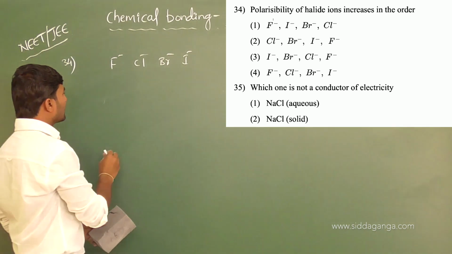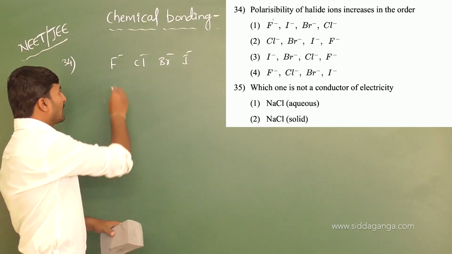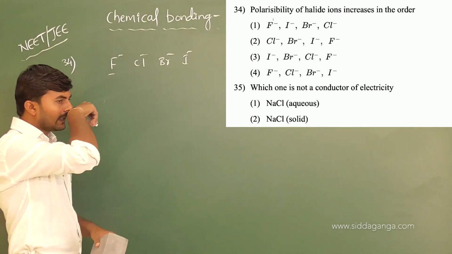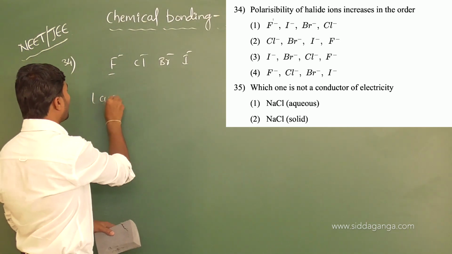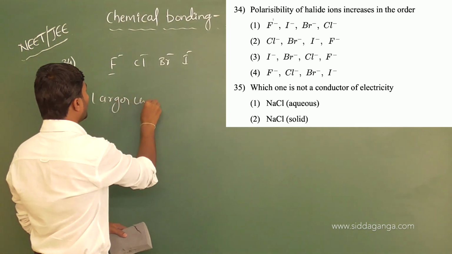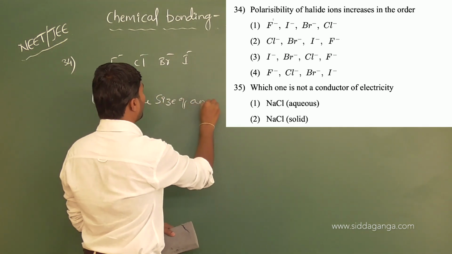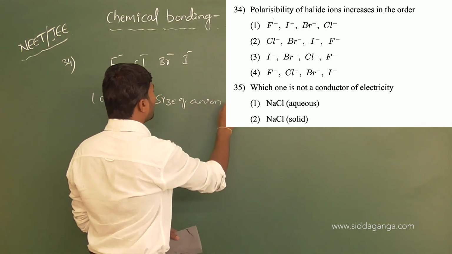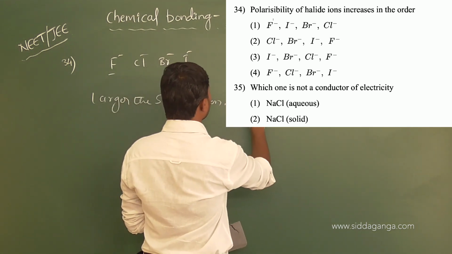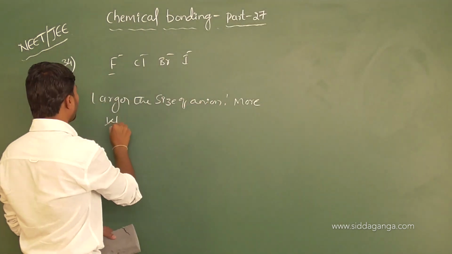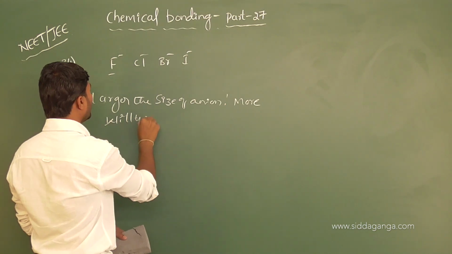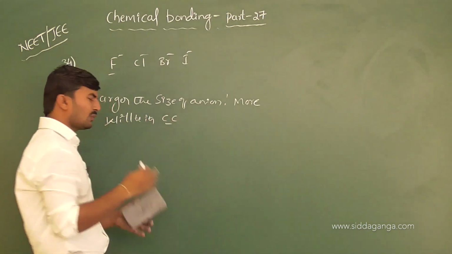Okay, what does it say? Fajans rules with respect to the negative ion say that the larger the size of an ion, the more will be its covalent character or polarizing power.